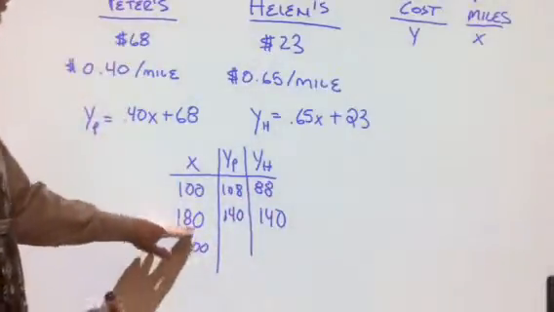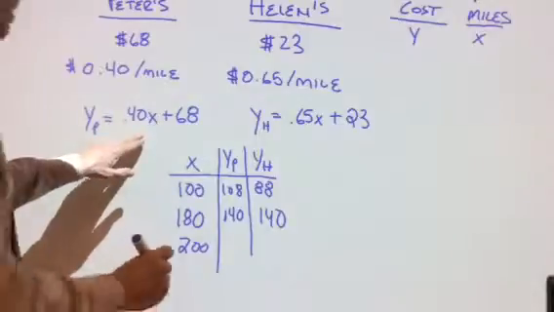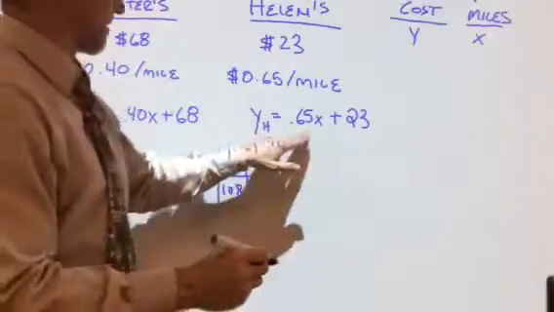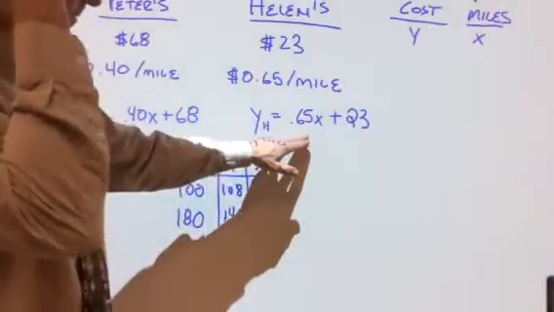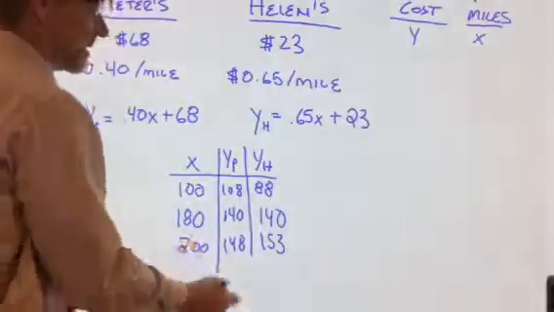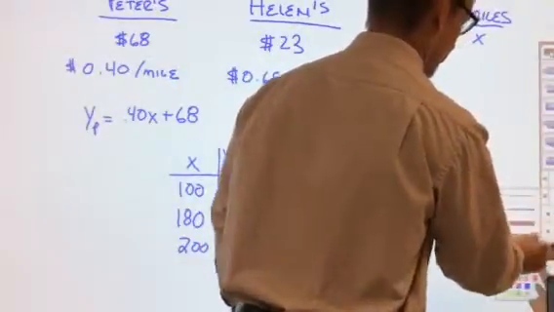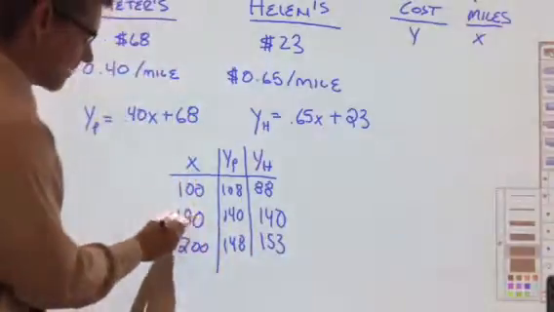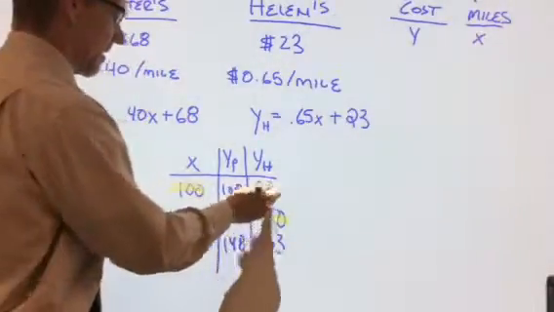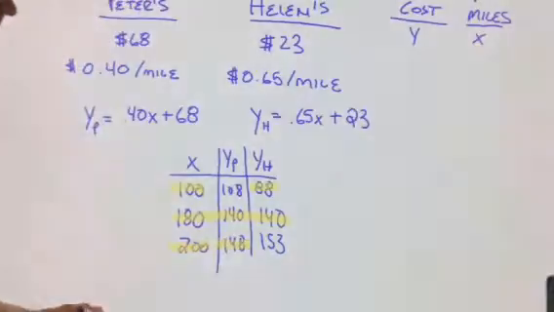If we put 200 miles in for x, the service that Peter is running would be 148, and the service that Helen is running would be 153. So we see at 180 miles, they both cost the same. At 100 miles, Helen's service is cheaper, and at 200 miles, Peter's service is cheaper.